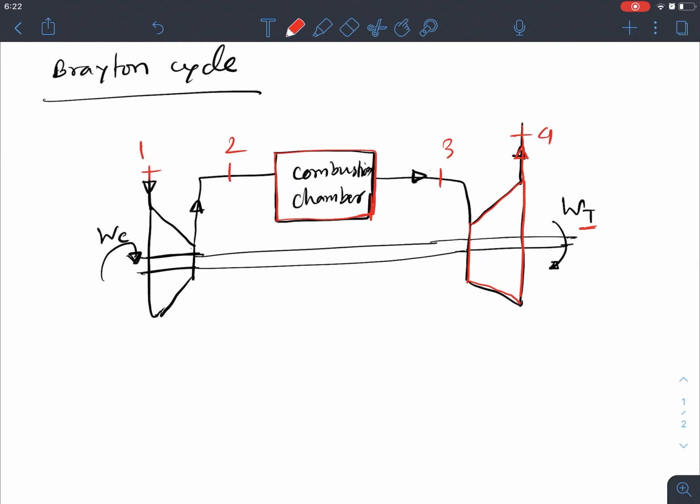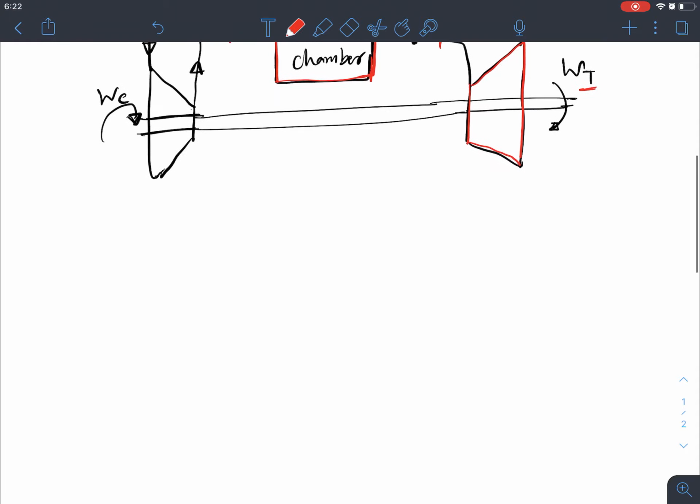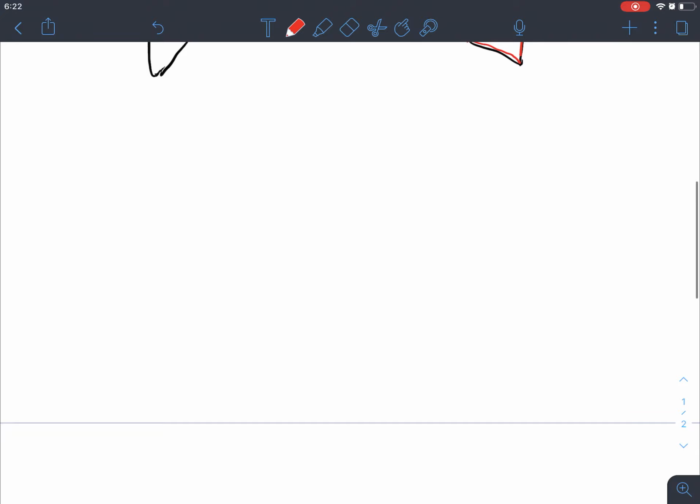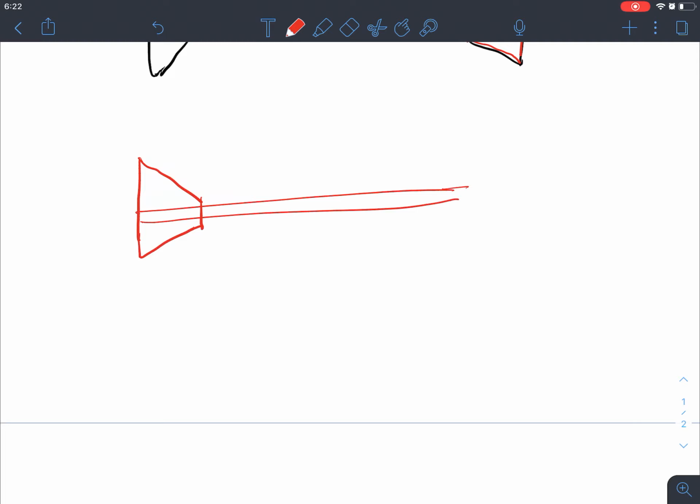What if we take this similar concept in the refrigeration cycle but in the reverse way? How is it possible? Let's take a look. So if we have, for example, a turbine, and then that turbine is connected to a compressor, right? And then there is a heat exchanger.